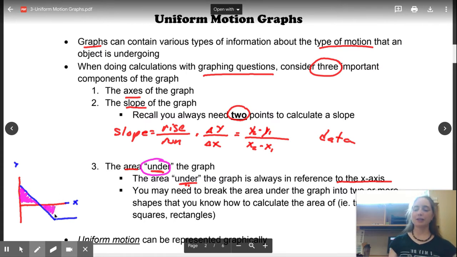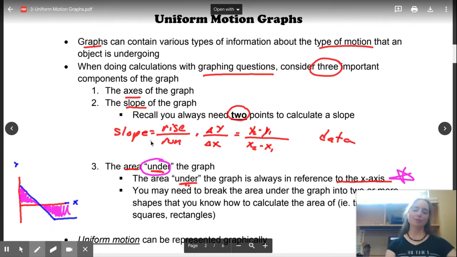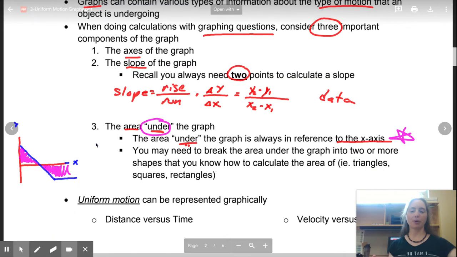Okay. So then this line here would also be under the graph too. So remember that it's between the line and the x-axis. That is super important. All right. Okay. So, ladies and gentlemen, if you need to calculate the area for something, you might need to break a shape down into multiple different parts, okay?